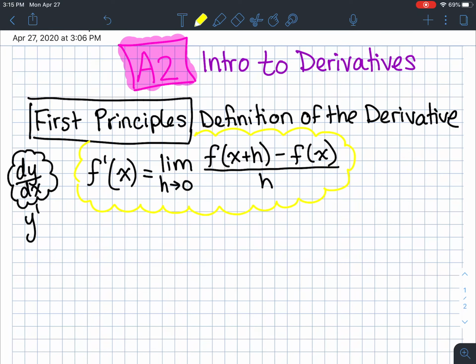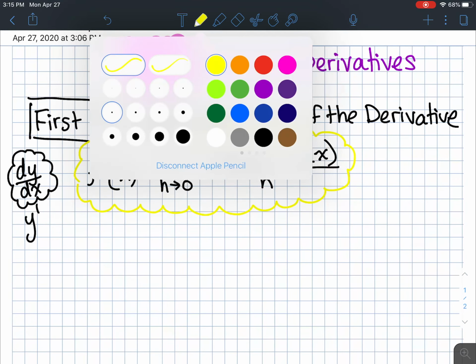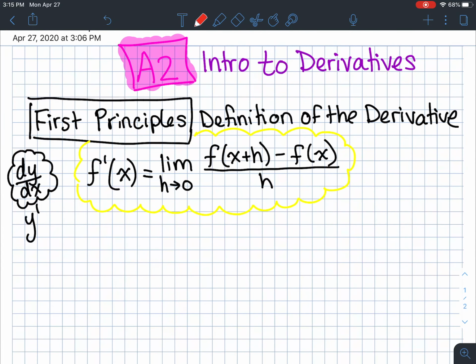It helps us find the slope at any point on our function. That's all it does.